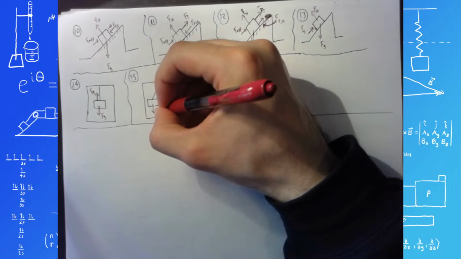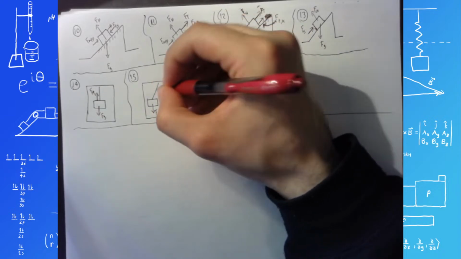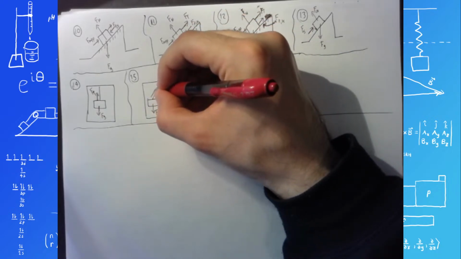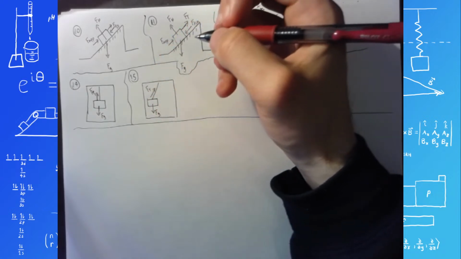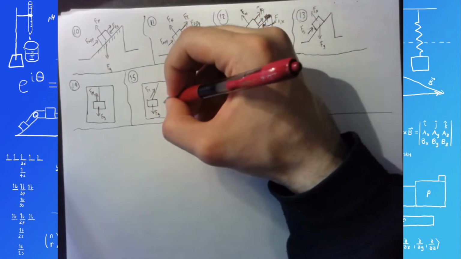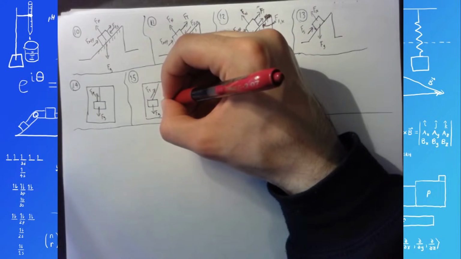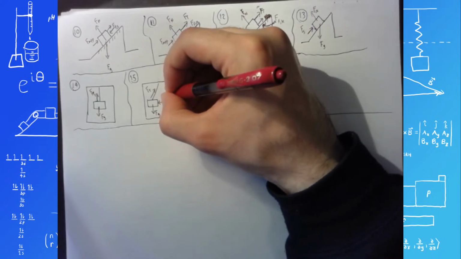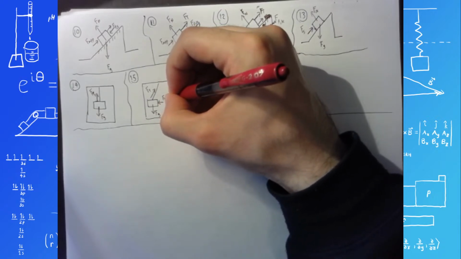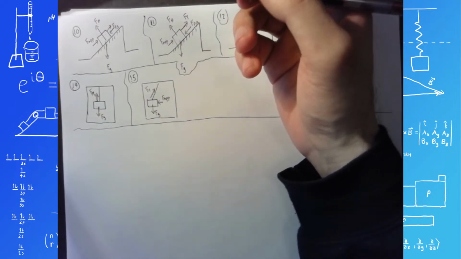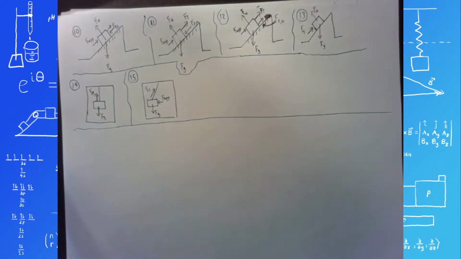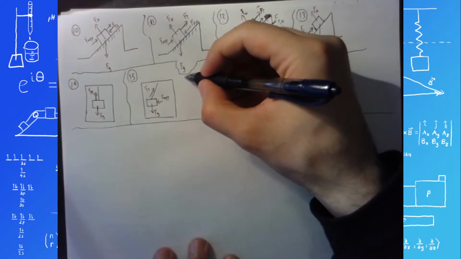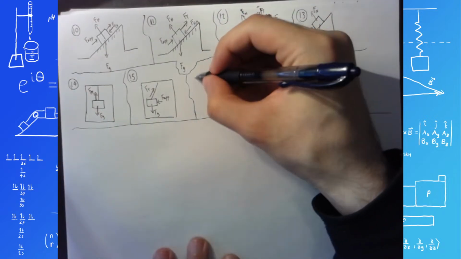So force of gravity acts downward on it. Force of tension is towards and parallel to the rope. And the person pushing it would have to be pushing it to the left. So there's your force applied, and that's it. Nothing else has changed from the previous scenario. So that is scenario 15.